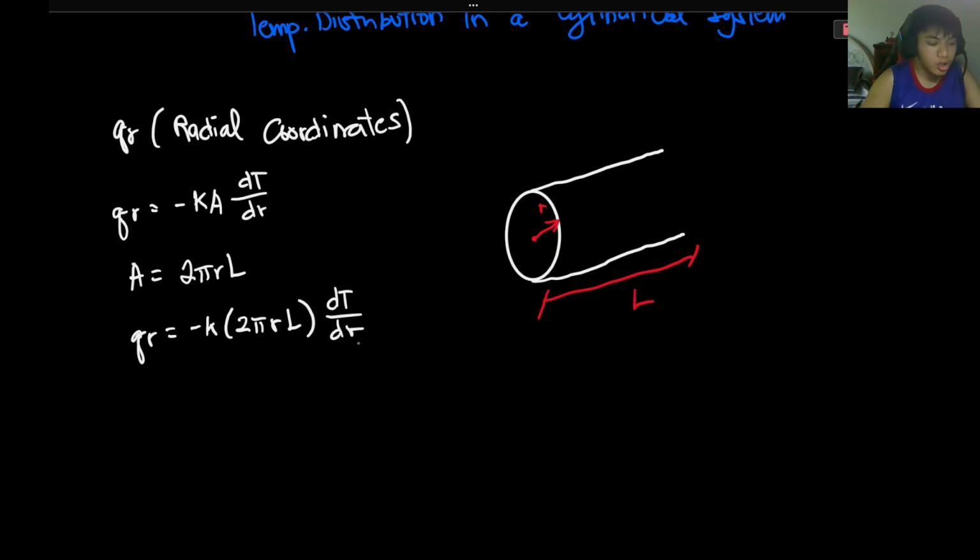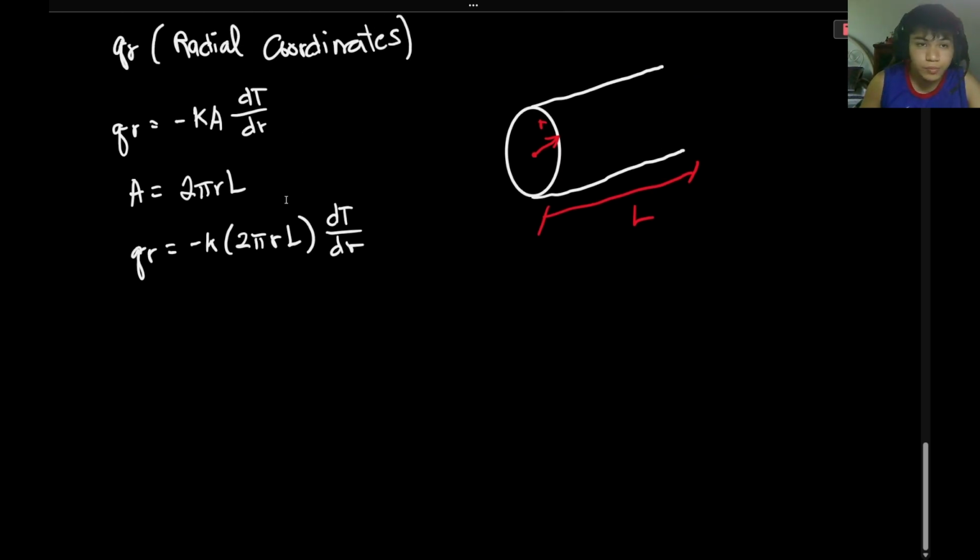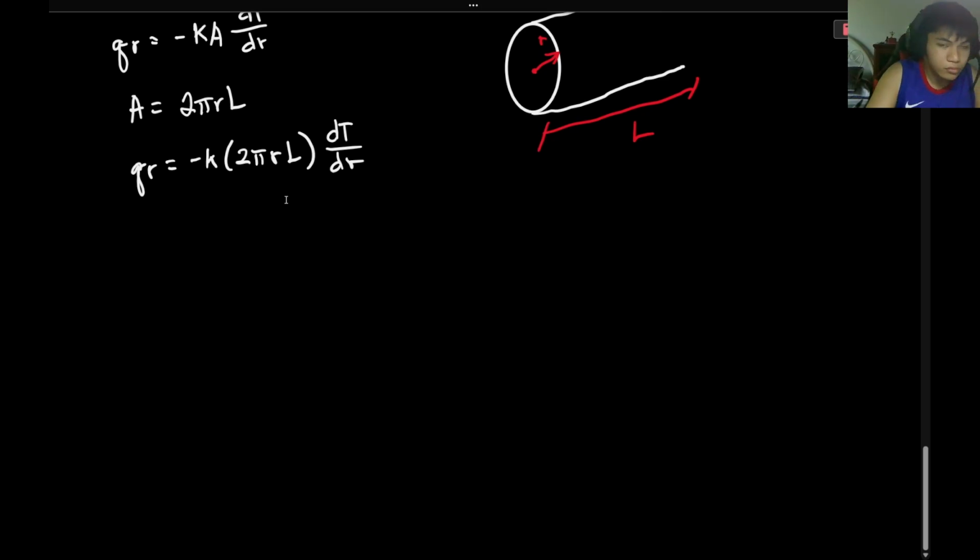And again, we can rearrange to solve for the heat transfer. So what we do is divide both sides by 2 pi L, and then we can isolate dT.